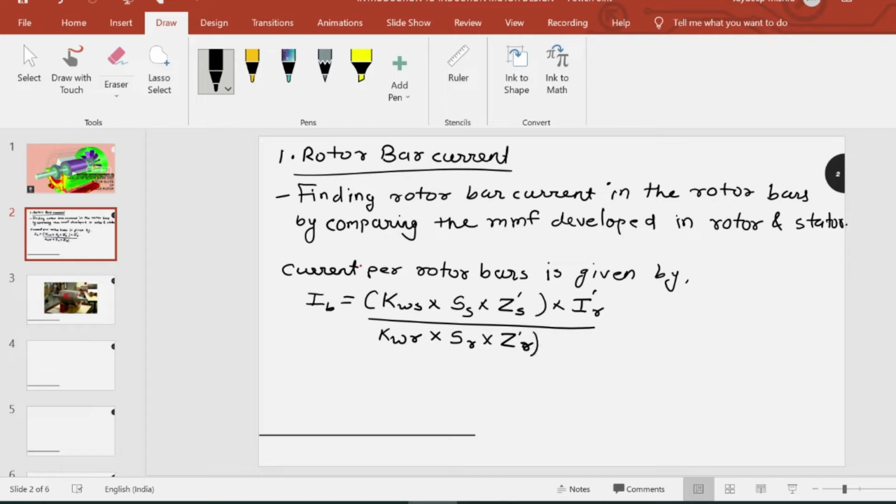Here, what is KWS? KWS is the stator winding factor.